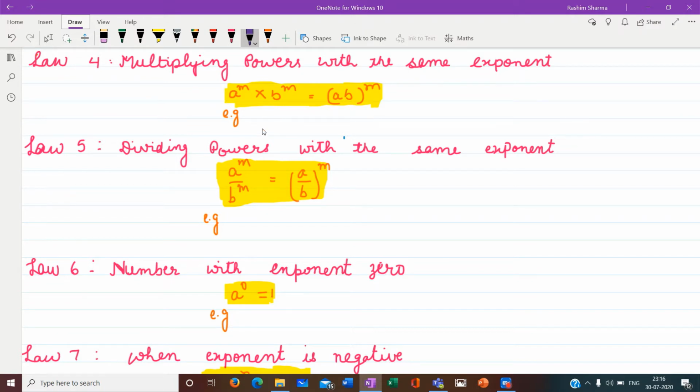For example, if I write 2 raised to power 2 into 3 raised to power 2. Now we can see two bases here. Two bases are 2 and 3, and their exponent 2 remains common here. So we get here 6 raised to power 2.